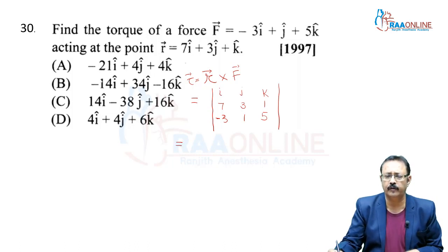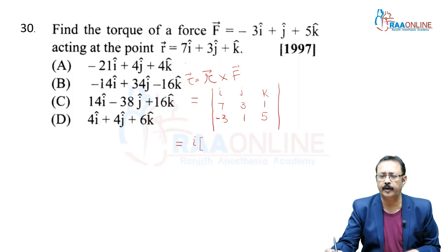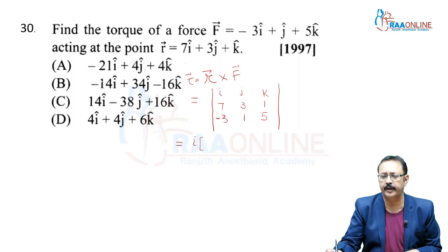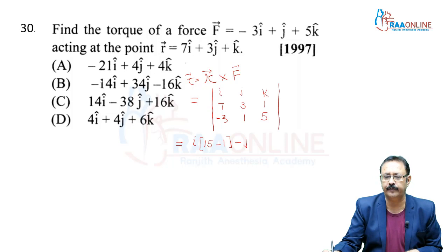Now we have to solve, first positive. Hide the column and row of I. Solve in this way. 5 into 3, 15, minus 1 into 1, 1. First positive, second negative. Minus j. Hide the row and column of j. 7 into 5, 35. Order is the same.